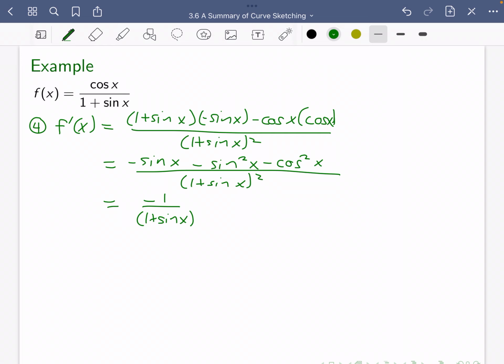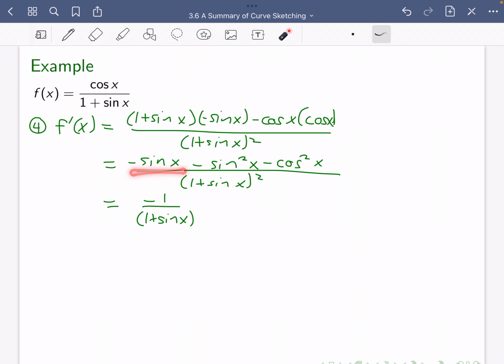And that might feel like a little bit of magic there. There was no magic that happened. The only observation that's made is sine squared x plus cosine squared x is 1. So negative sine squared x minus cosine squared x is negative 1.